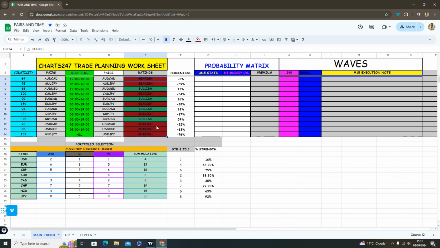Okay, the direction. The most important thing you have to have in mind is the trend will not travel in a straight line. There will be a move in the direction of the trend and there will be a pullback against it for people to take profit before the trend continues in the same direction.